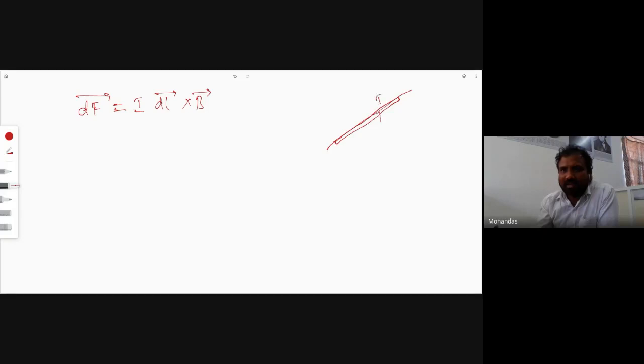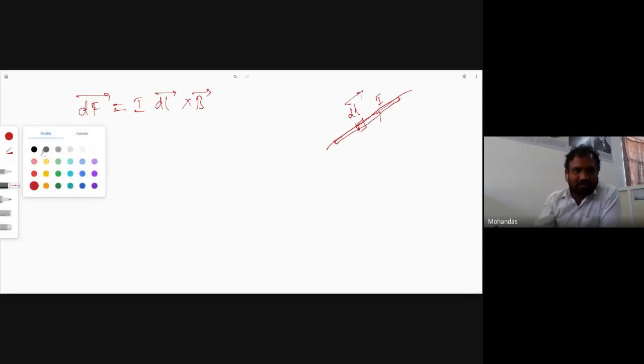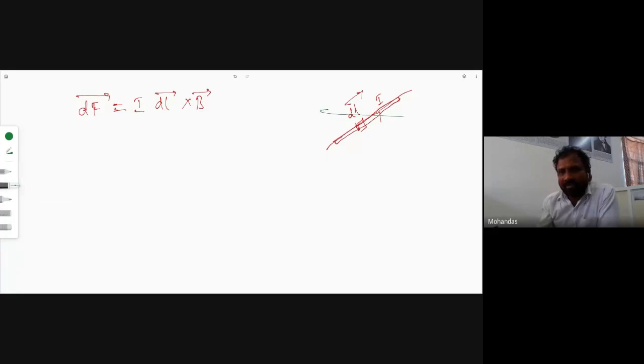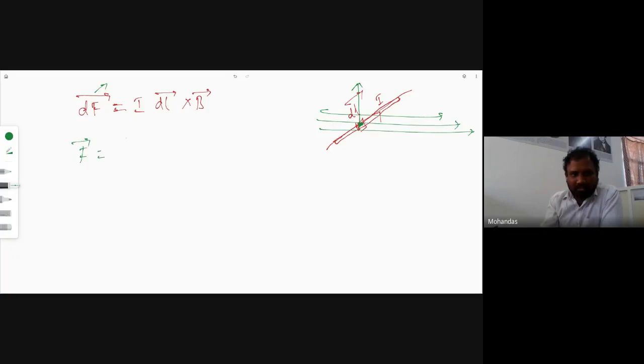If I take only a differential length dl here, and it is placed in a magnetic field like this, at the differential current element there is a force. That differential force is this. And if you want to get the total force, I have to integrate. That force equals the integral of I dl cross B.